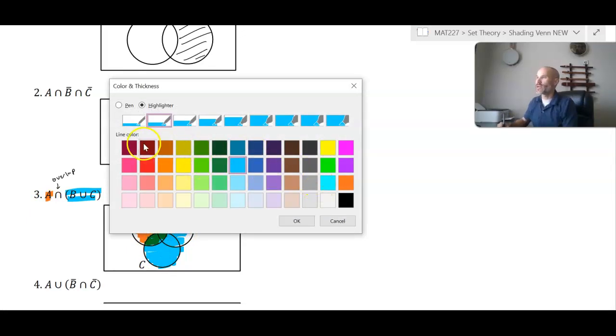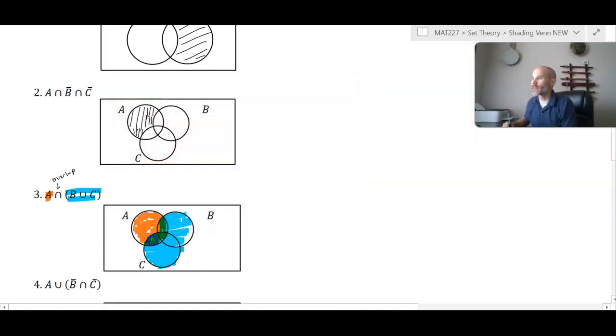So our final shading should just be this triplet of regions right here, and right here. How could I intuitively read that? This is saying that I am in art and I'm in biology or I am in chemistry.